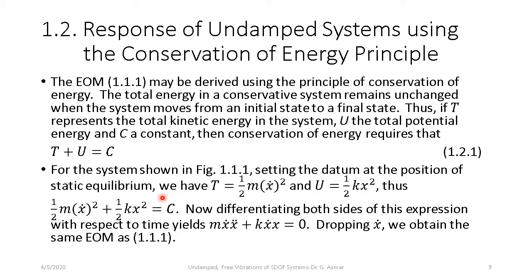Thus, T plus U equals a constant means that 1/2 m x dot squared plus 1/2 k x squared equals C. Now differentiating both sides of this expression with respect to time yields m x dot x double dot plus k x dot x equals 0. And finally, dropping x dot, we obtain the same equation of motion as 1.1.1.